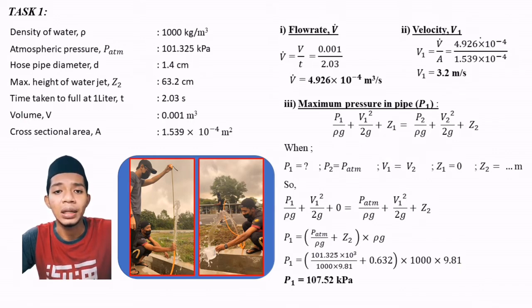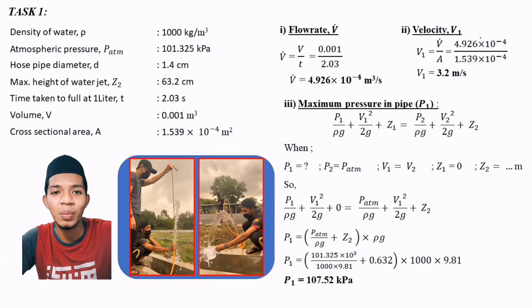Next, the velocity we can get from the formula that we see on the slide: velocity equals flow rate divided by cross sectional area. When we substitute the data, we can get the velocity is 3.2 meters per second.